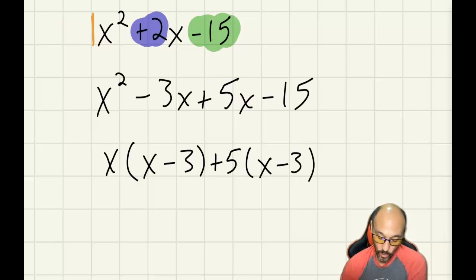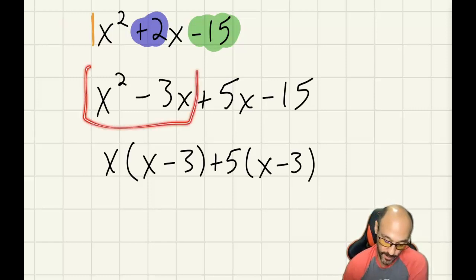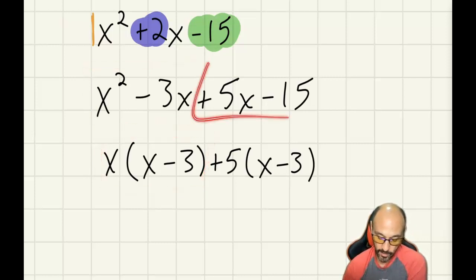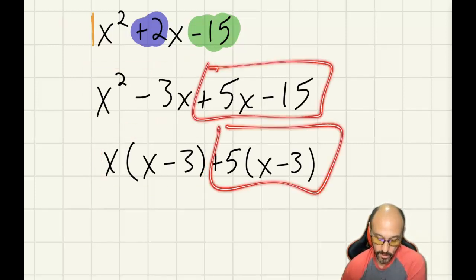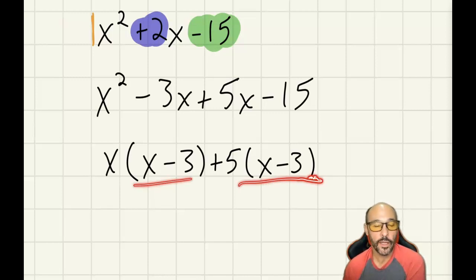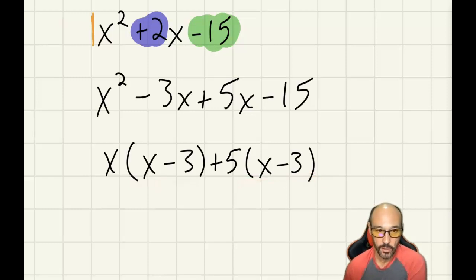So what I've done is I've rewritten this part right here, and this part right here, by factoring. And the important thing to notice is that these two are equal. If they're not equal, then something has gone wrong or it can't be factored.